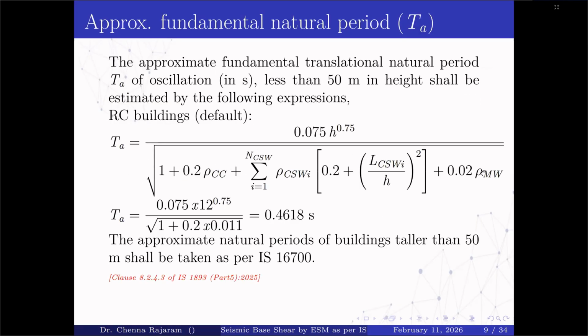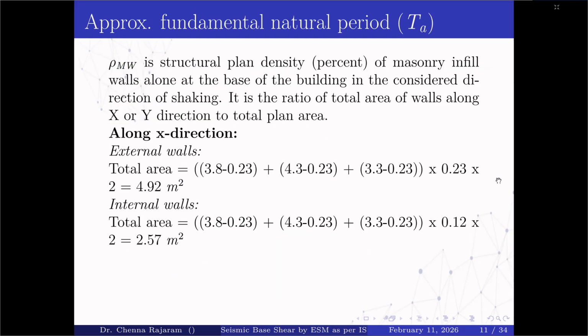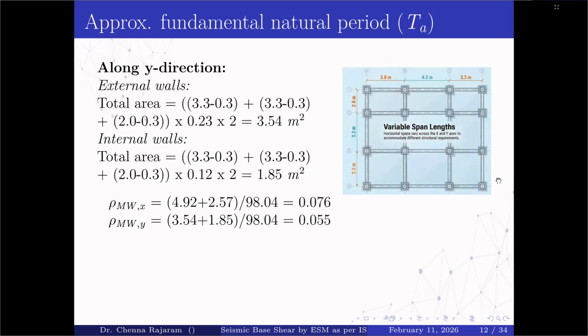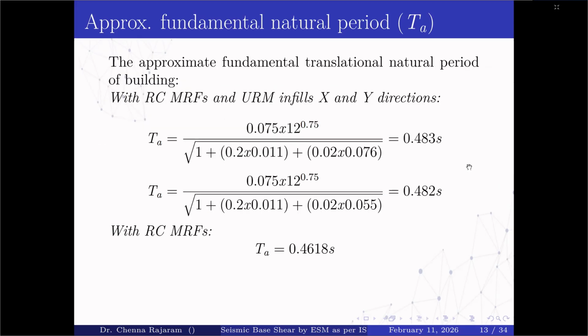In addition to that, we have to consider the term 0.02 into rho MV. Now you see the equation here, 0.02 into 0.076 along the x direction. Whatever the rho MV value along the x direction is, you substitute here to arrive at TA equal to 0.483 seconds.